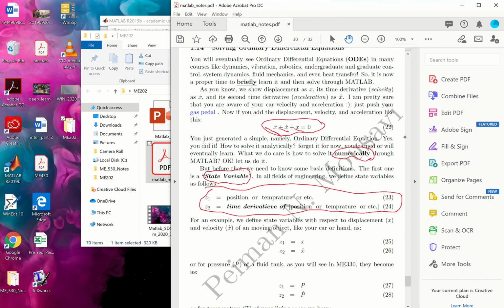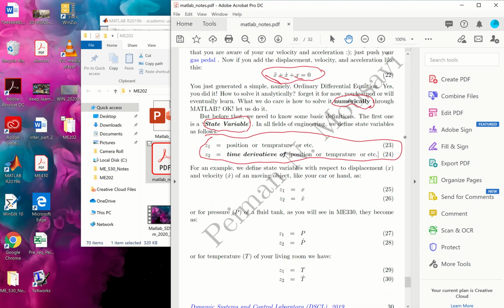Or for pressure of a fluid tank, which you will see in the ME330 course, the pressure of the tank is Z1, and Z2 is the time derivative of the pressure of the tank that is changing with time. Or for the temperature of your living room right now, if you have temperature as the state variable Z1, Z2 is the time derivative of that.